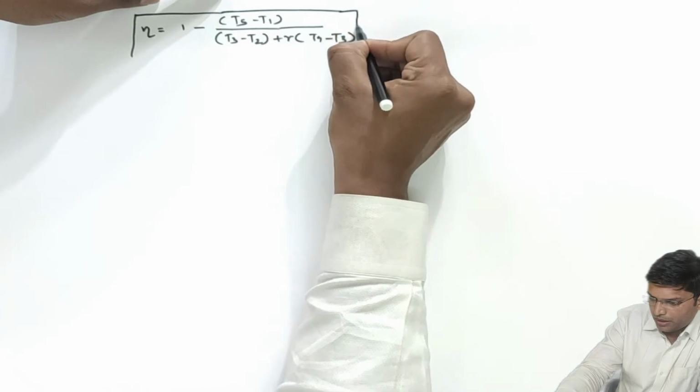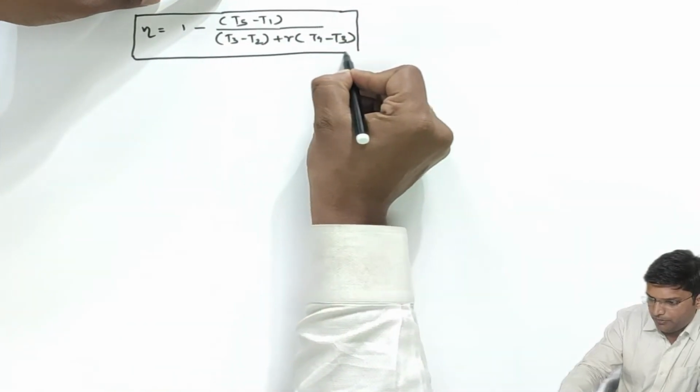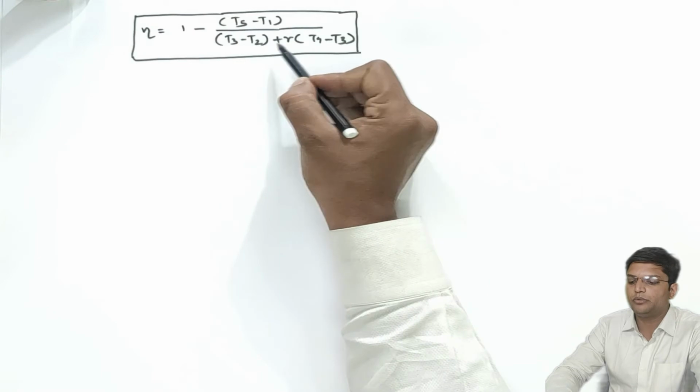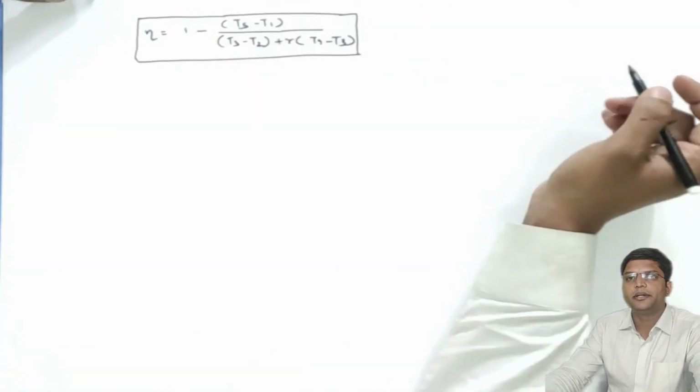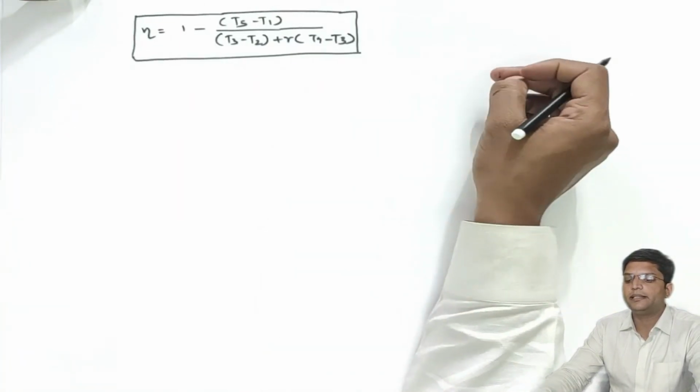This is the equation for thermal efficiency of the dual cycle. Now in this equation we need to put the values of T2, T3, T4 and T5. We will rewrite this equation.